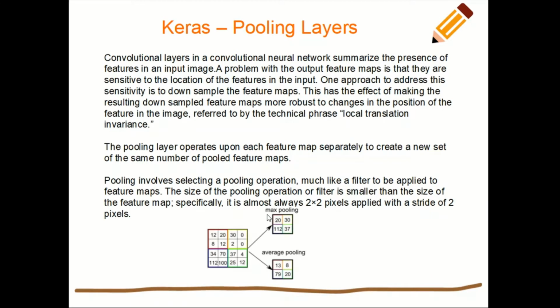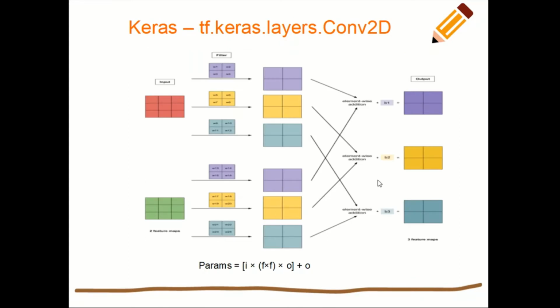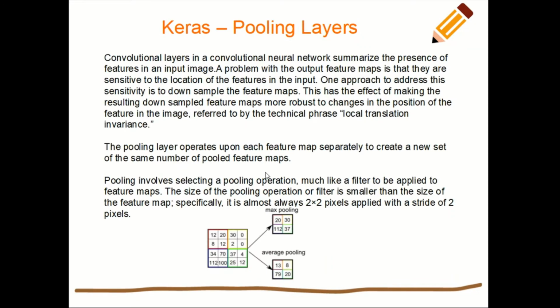Now coming to the pooling layers. In this particular case, we saw that these are the activations that we get, and depending on the size of the filter, the activation size is going to change. Once we have this feature map, what is the max pooling going to do? We try to reduce it once again.